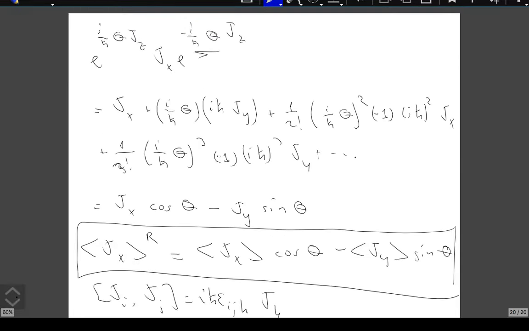So at least now we know two things: first, our description of rotations gives us a consistent framework. Secondly, Jx, Jy, Jz are actually vectors; their expectation values are vectors in real space. Again, I repeat, we don't know the explicit form of Jx. We can write it as a matrix, etc. But we definitely know that its expectation value behaves like an ordinary vector.